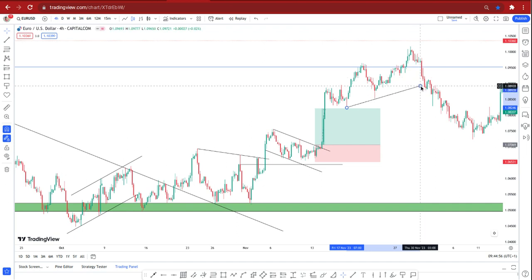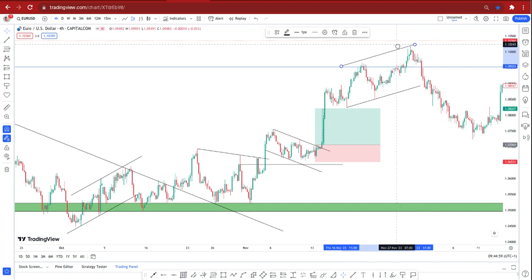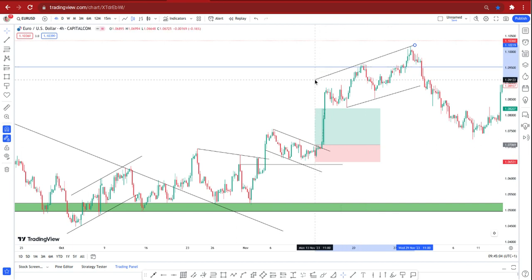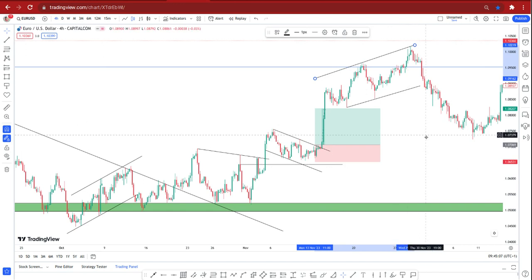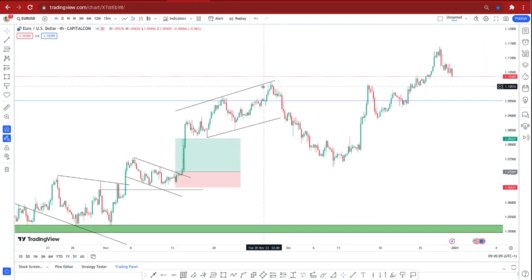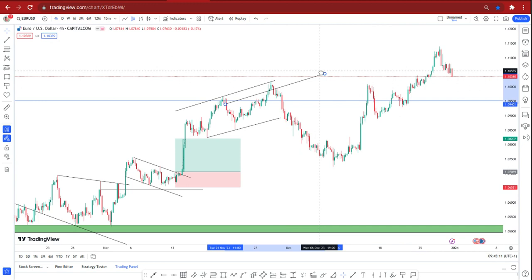This is another sell. This is not a buy setup, this is a sell setup, because this is an ascending. If it's ascending, it's going to fall. If it is descending, it's going to go high. So this is the one I'm interested in, the one that is falling, which is descending.